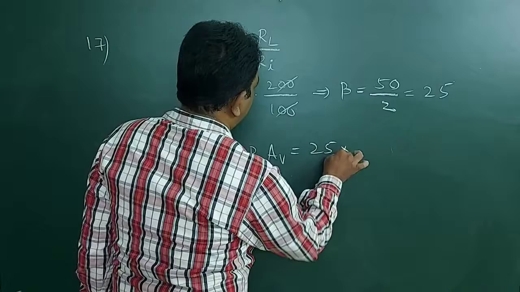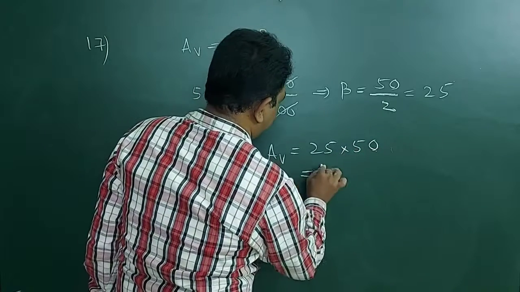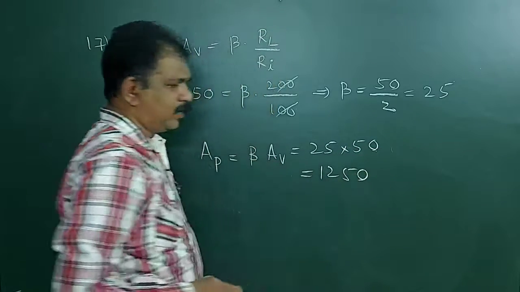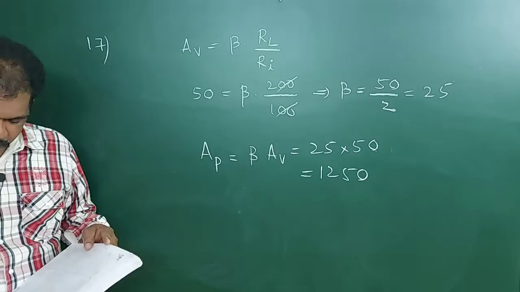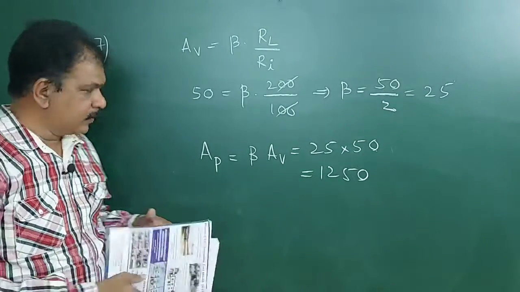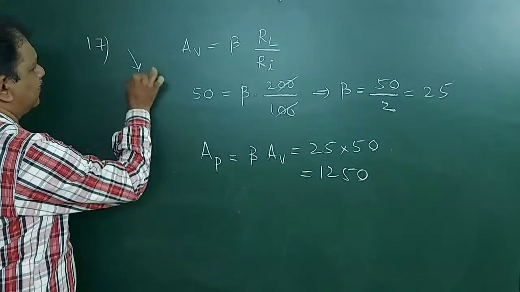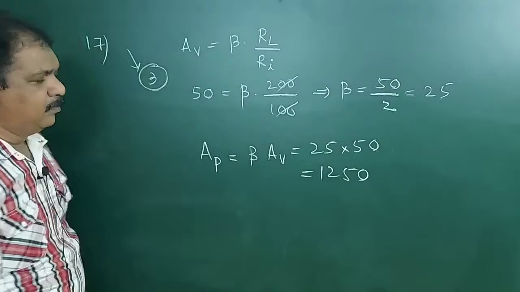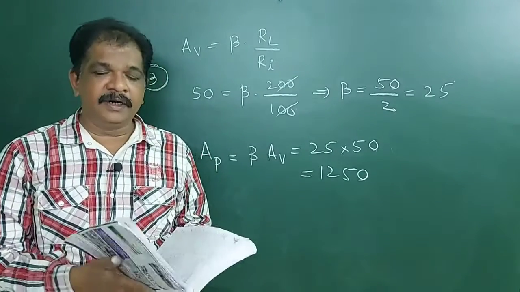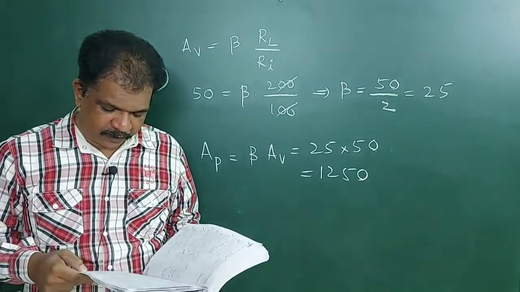Beta value 25, AV value 50. This value is 1250. So the 17th question will be the third option. Simple problems only, concentrate on this lesson. You will definitely get good marks in this lesson.